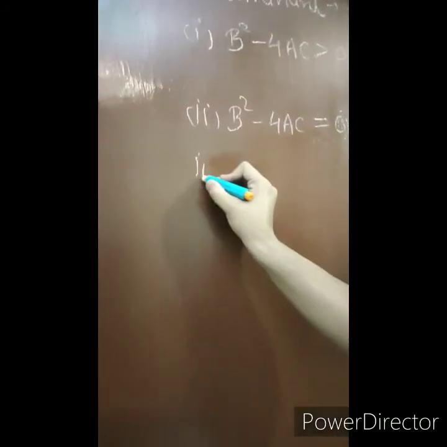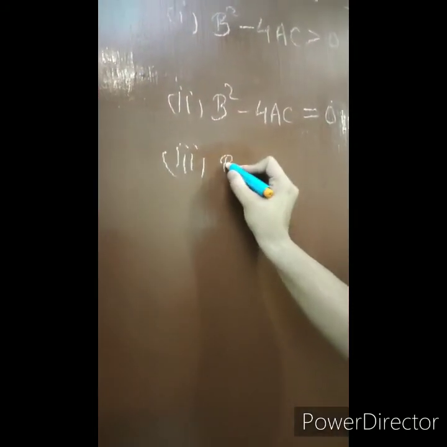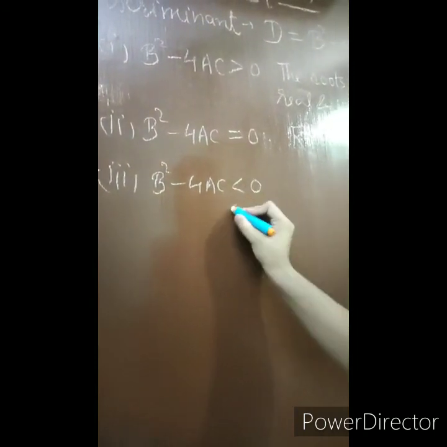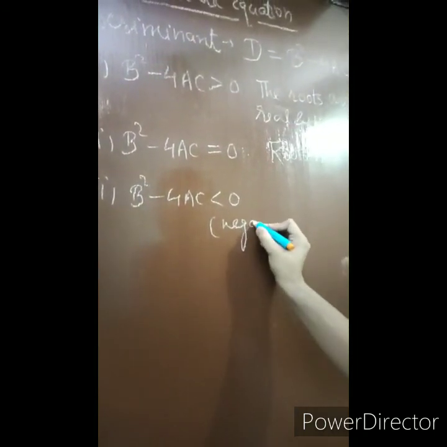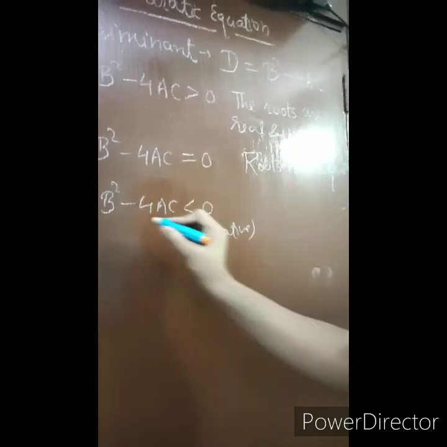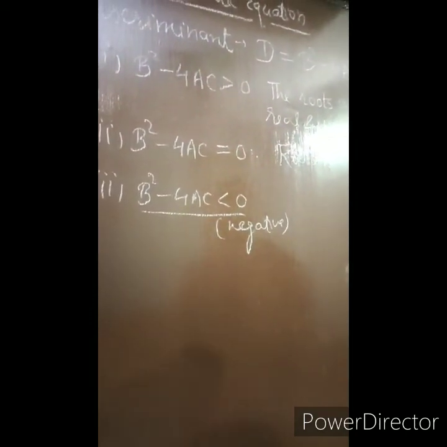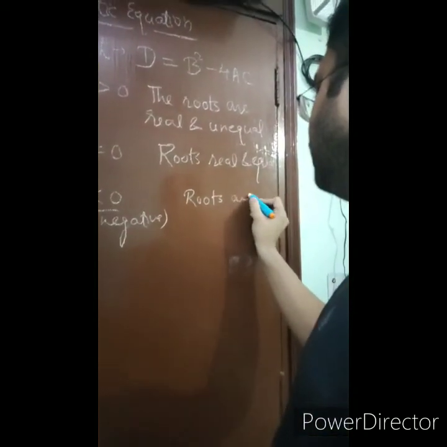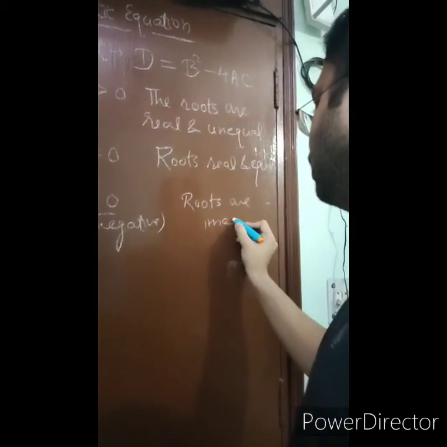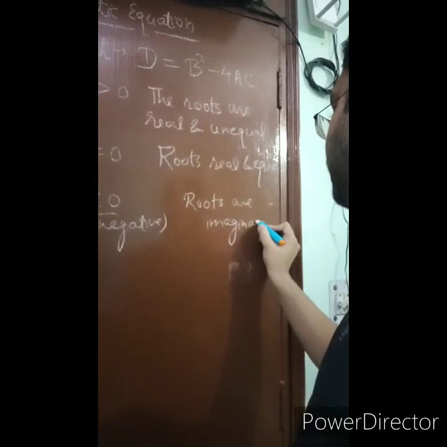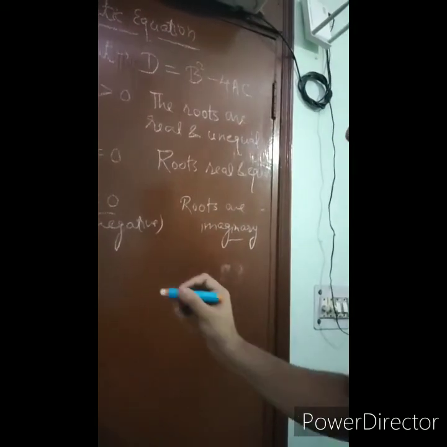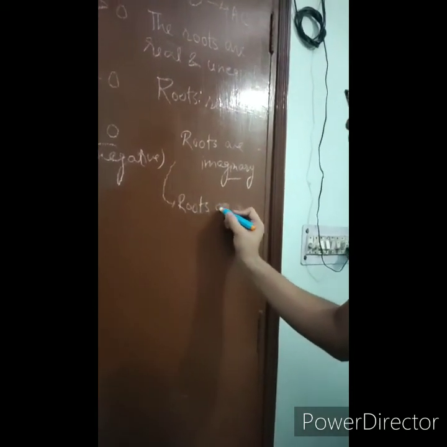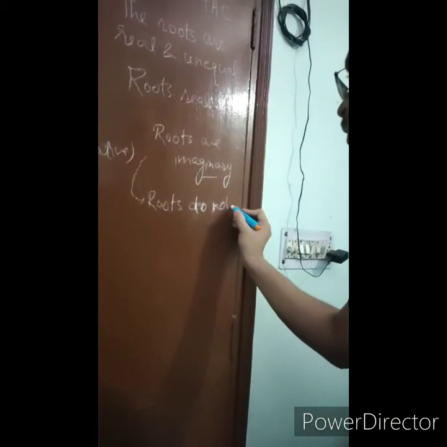And the third one: if b square minus 4ac is less than 0, that means a negative term, then the roots are imaginary. You will read about imaginary roots in higher classes. So here we can say the roots do not exist.